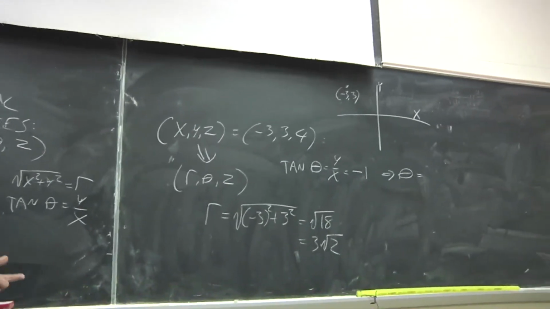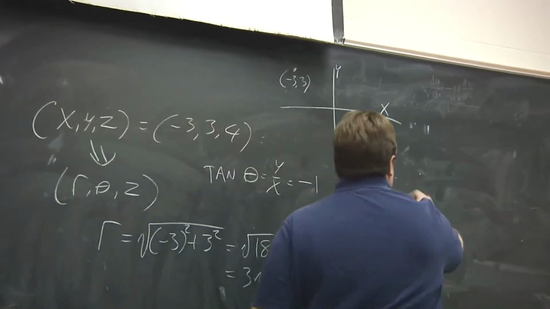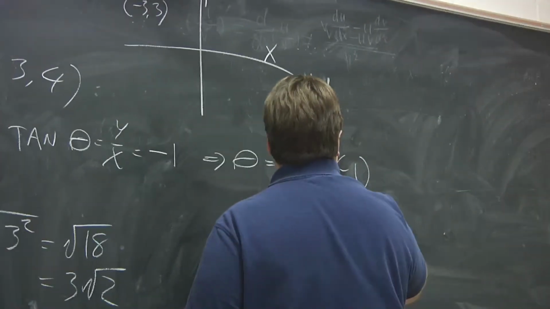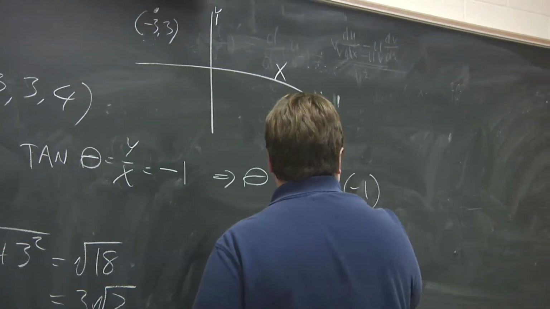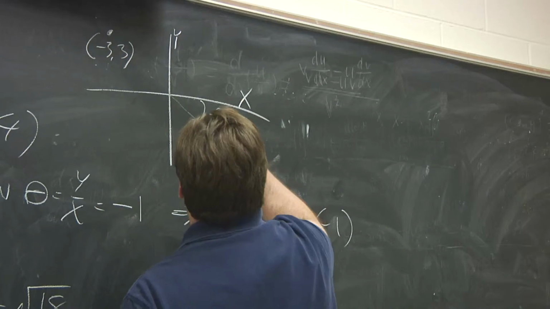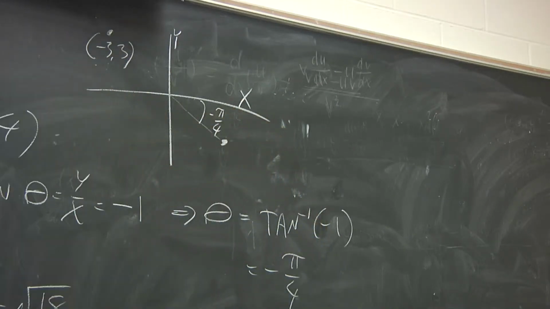On the other hand, if you put in arctangent of minus 1 on your calculator, it's going to give you minus pi over 4, which is down here. So you should remember, hopefully, from Calc 3, how you correct it.